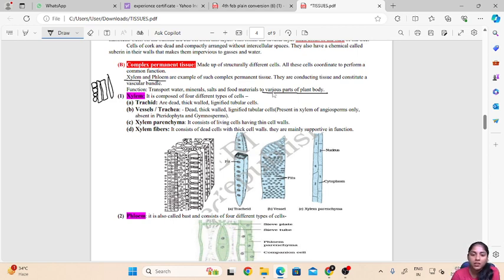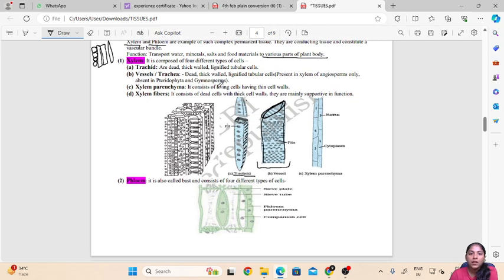As we can see in this diagram, this is the tracheid cell and it is tubular in shape, and it has thickened cell walls. Vessels also have a tube-like structure and thickened or hardened cell walls.